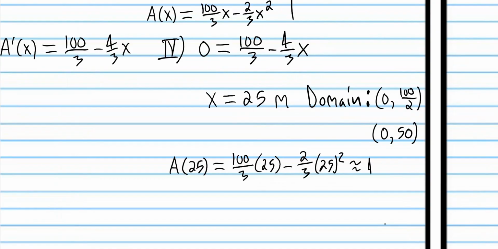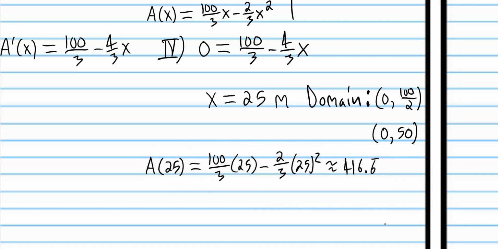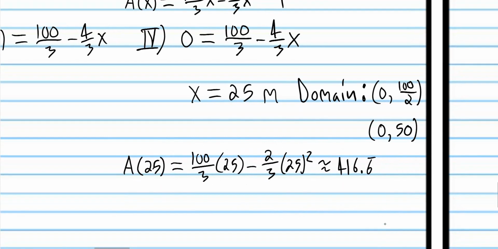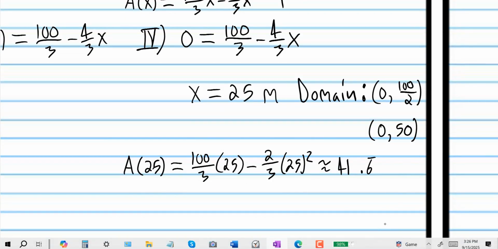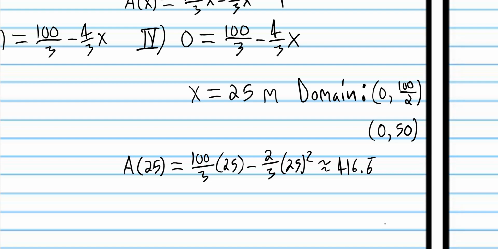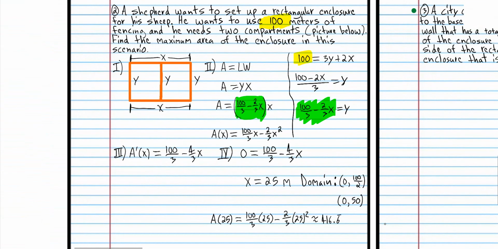So 416 2/3, or you can just write 416.6 with a repeating bar. That might be easier for students to write. Again, in upper mathematics, we don't tend to use mixed numbers very much. We just don't prefer that. So, that is the answer.